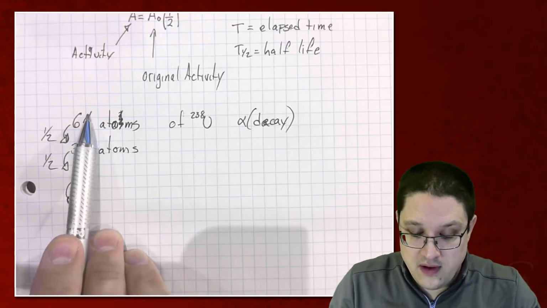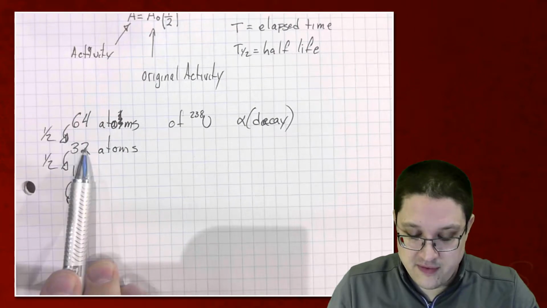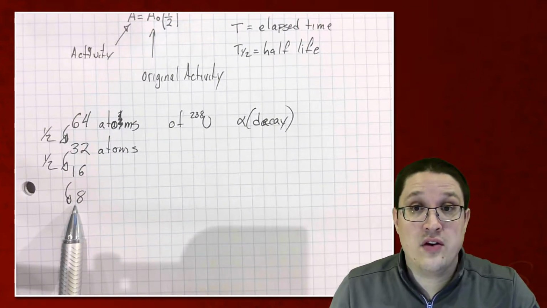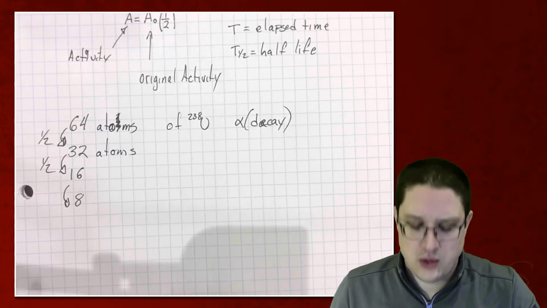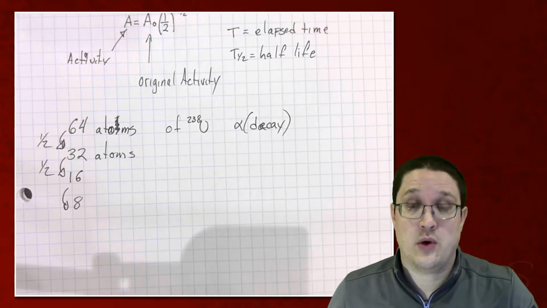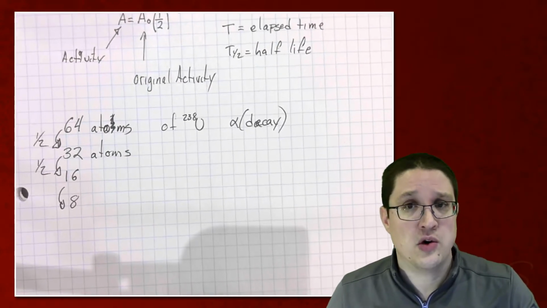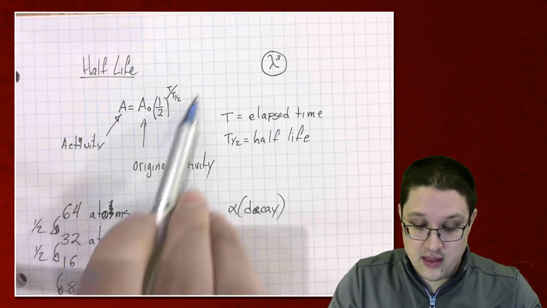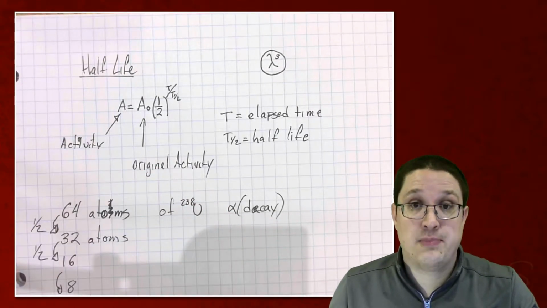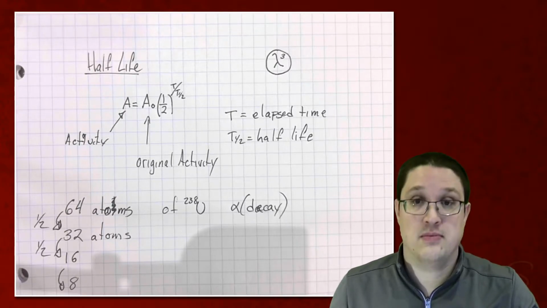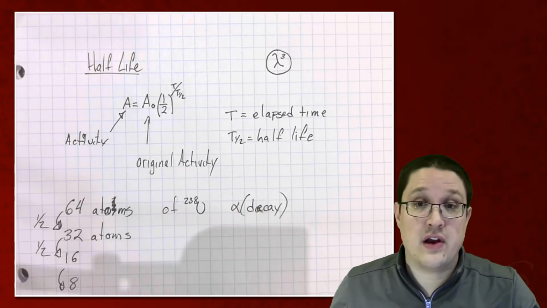So if this takes 4 billion years, that would be 4 billion years, 8, and then this would be another 4, so 12 billion years, which is a long time to track uranium-238 atoms for. I probably should have chosen an example with a shorter half-life. So here's the formula, and we can use that to calculate how many atoms are remaining. This will work for any period of time.